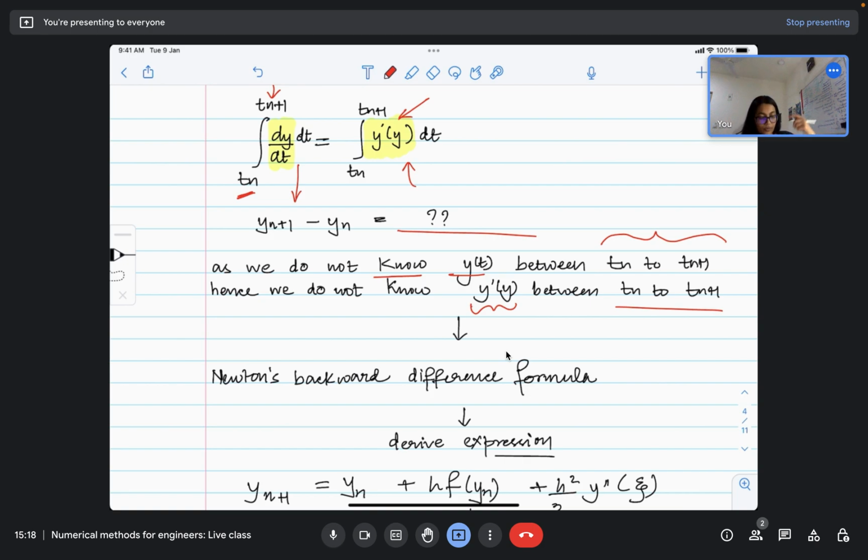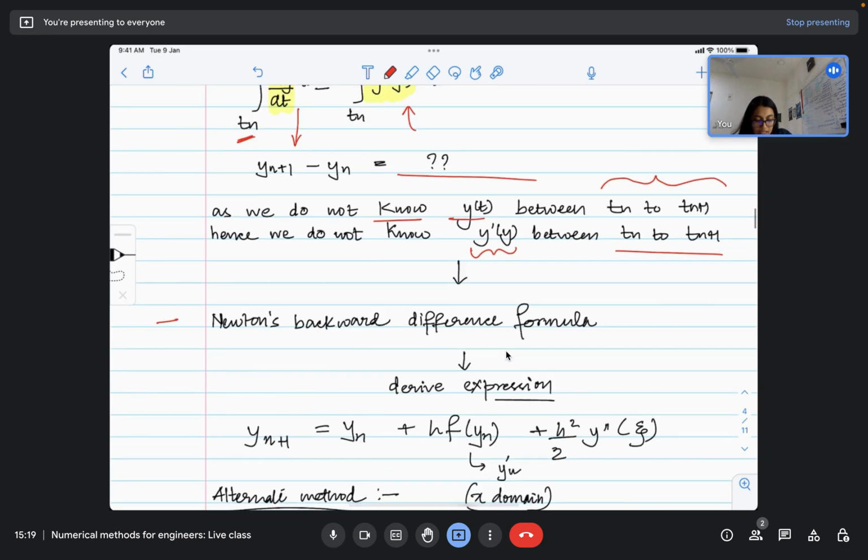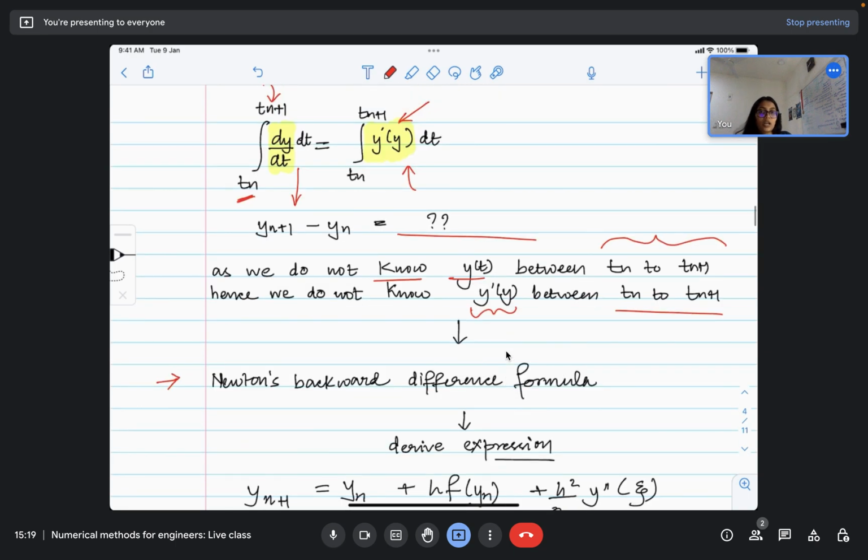In order to do this, we will not be doing the derivation here, but to find the value of the function as well as its slope, a few techniques are used which you will probably learn in masters or PhD. A technique used here is an interpolation technique, as we learned in the last to last class. Newton's backward difference formula can be used to derive an expression for the slope at t_{n+1} in that interval, t_n to t_{n+1}.